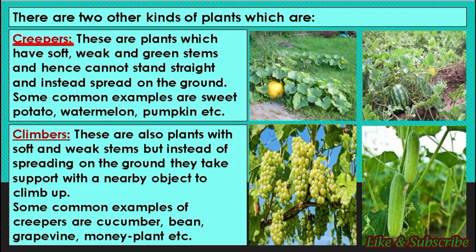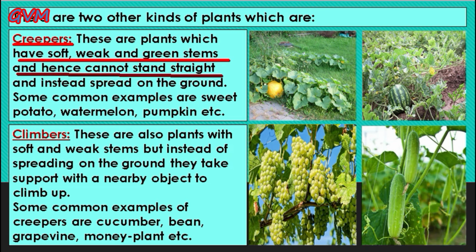And students, as I said, creepers have soft, weak and green stems, so these plants cannot stand straight, and that's why they creep along the ground. For example, pumpkin, watermelon, etc.